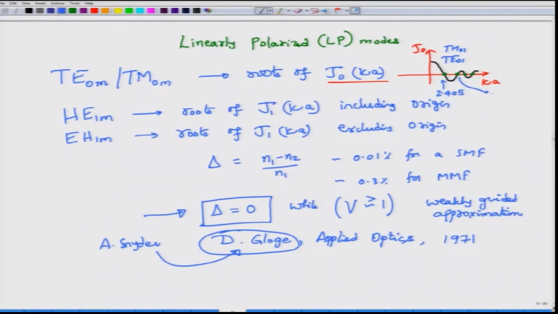It is slightly less than 6, but very close to 6. At that point you will have the TM02 and TE02 modes and so on. So, more modes appear as the value of kappa increases, but remember, as kappa increases, the corresponding value of beta is actually decreasing, because kappa and beta are related.